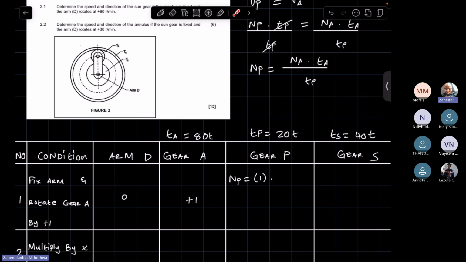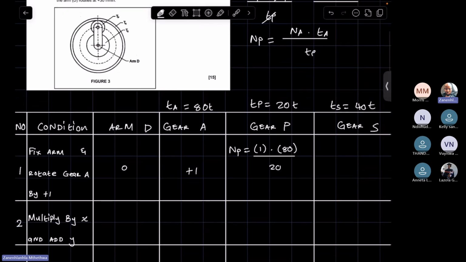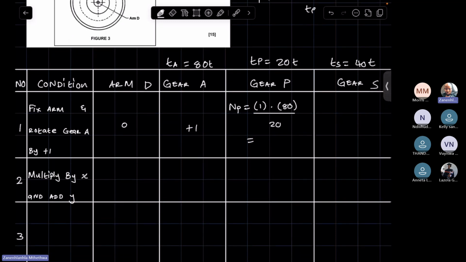So in substituting here, TA is equal to 80, so that's 80 divided by TP, and TP is 20. Now, what is 80 divided by 20? That's straightforward.